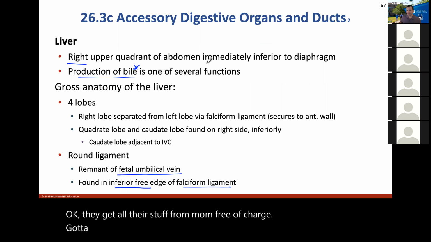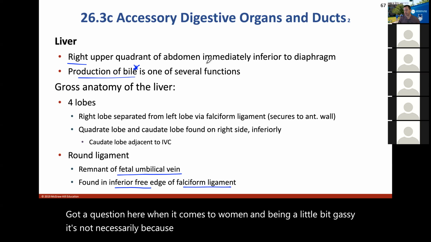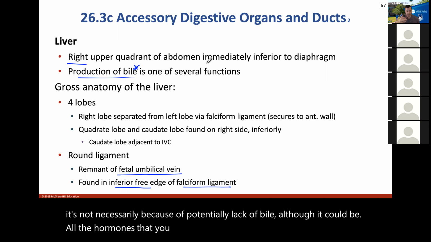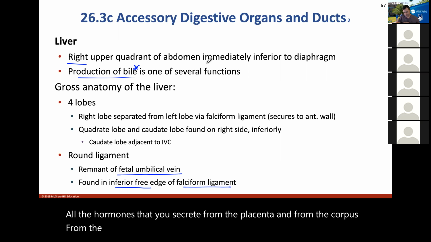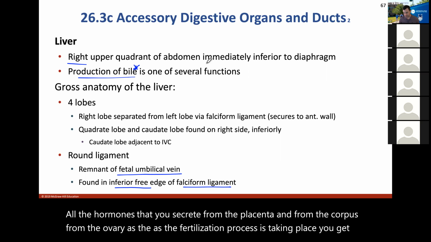Question here. When it comes to women and being a little bit gassy, it's not necessarily because of a lack of bile, although it could be. All the hormones that you secrete from the placenta and from the corpus luteum, from the ovary, as the fertilization process is taking place, you get a number of various different hormones.